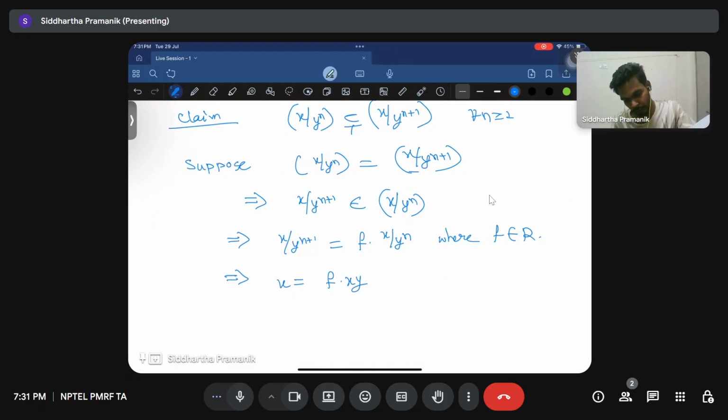Now easily see that the left-hand side does not involve any y, but the right-hand side involves y, right? So we need some 1/y, and that should come from this f.